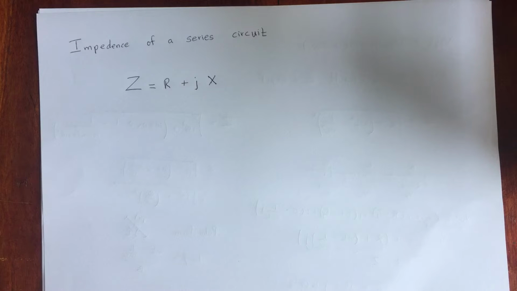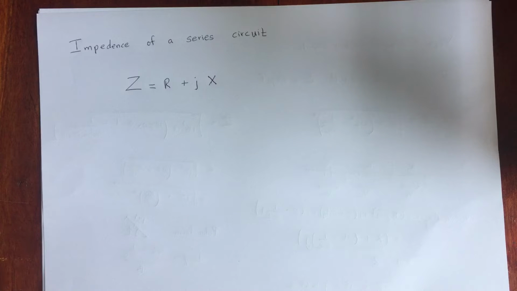So when we are considering the series combination, first of all we need to understand what's going to happen. We have already learned that when there are resistances in a series circuit, the total resistance is the sum of those resistances.